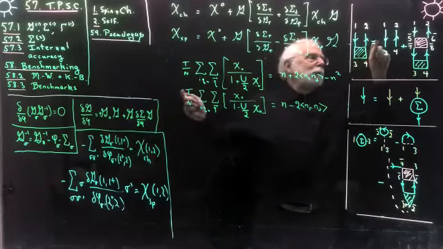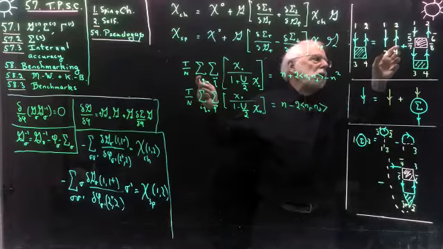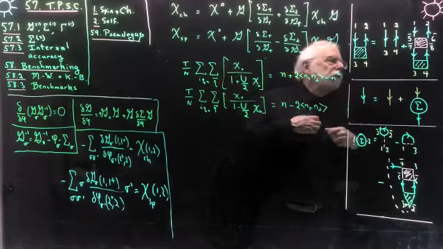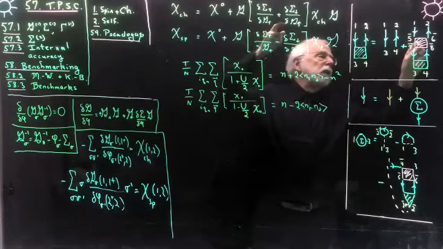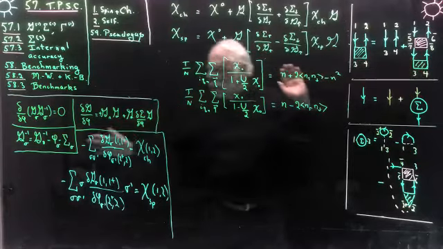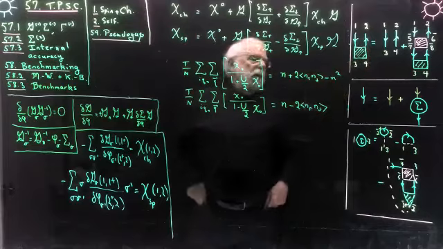So chi zero is minus G1, 2, G2, 1. And then we have this irreducible vertex here, and the same that comes here. So we can look at this algebraically or with the diagrams.